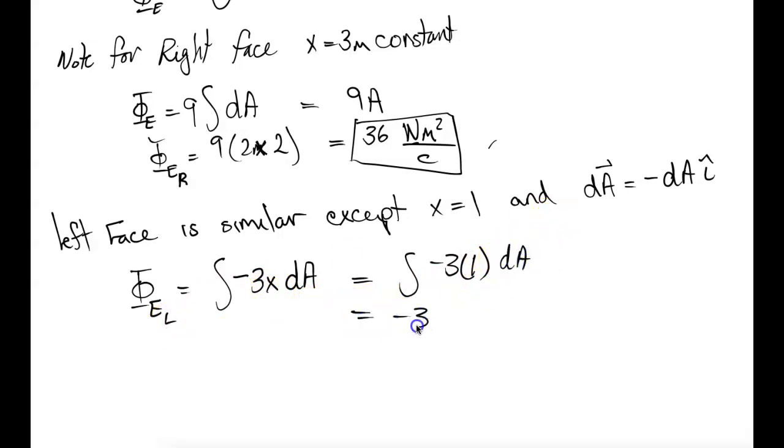So this is minus 3 integral of dA, or minus 3A. And again, A is 2 times 2, so this is going to be minus 12 Newton meter squared per coulomb.